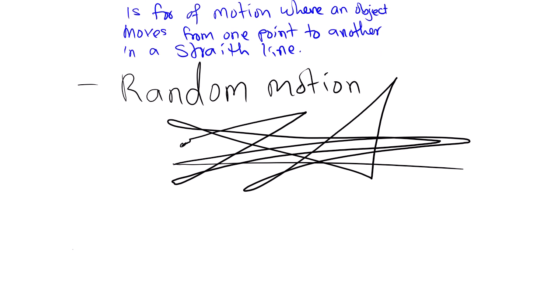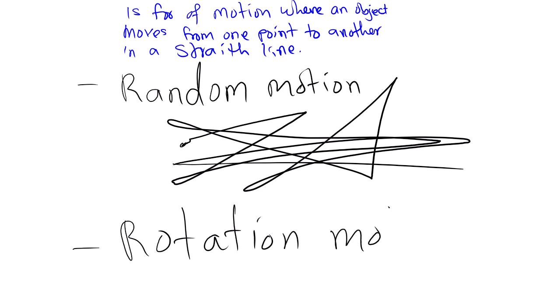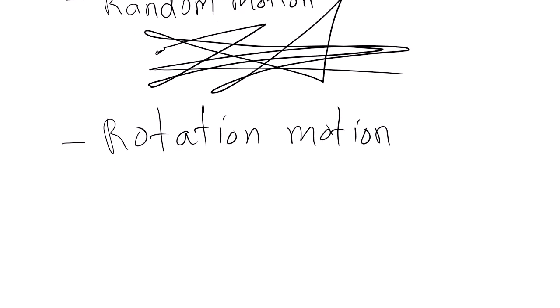Then the next type of motion is rotational motion. Rotational motion is one of the types of motion where an object rotates instead of changing position.